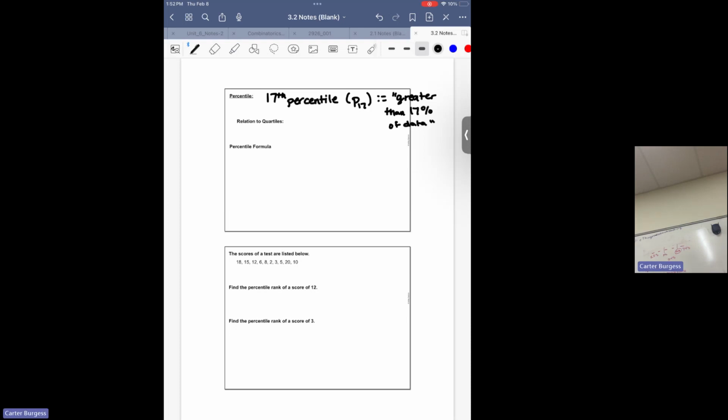That interpretation is great. But there's a problem numerically when we are saying that this exact value is greater than 17%, or this exact value is greater than 83%. In order for both of those to be true, how much space does that one data point need to occupy? In order for it to be greater than 17% and less than 83%, how much percent can that one data point contribute?